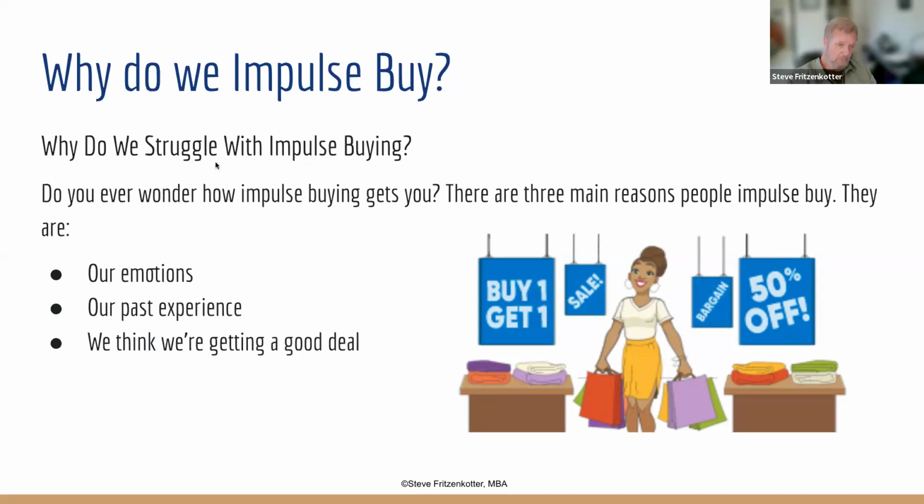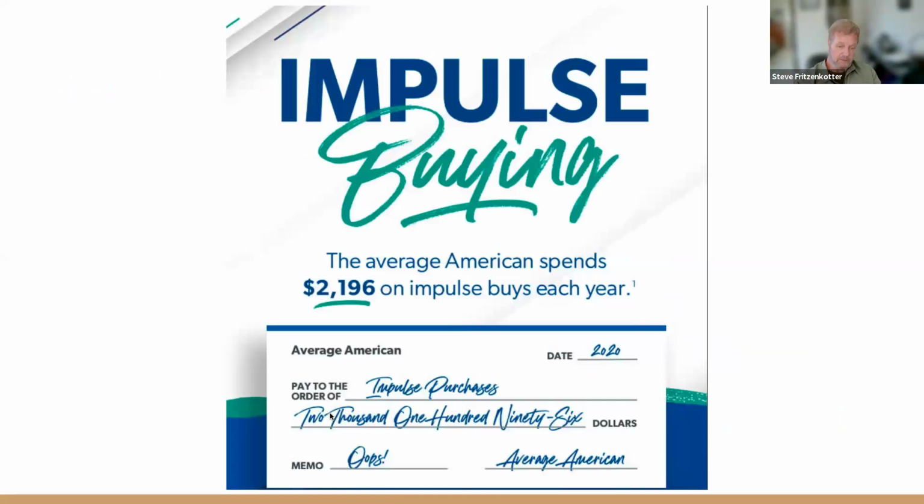So what influences impulse buying? Our emotions influence them, our past experiences. Are we getting a good deal? Do we see the word sale, S-A-L-E, in English? When I see the word sale, it's a stimulus that creates adrenaline that could get me to purchase a product.